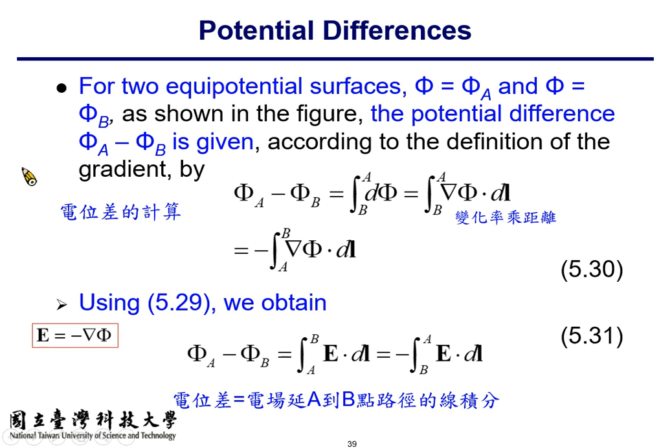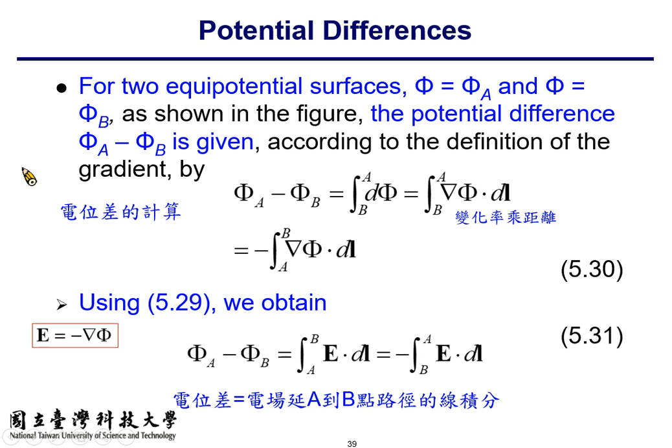So if you change the order of A and B, you only need to add a negative sign. According to the definition, under the condition of steady field, the gradient of phi is the minus of E. So you can substitute gradient of phi with E over here.